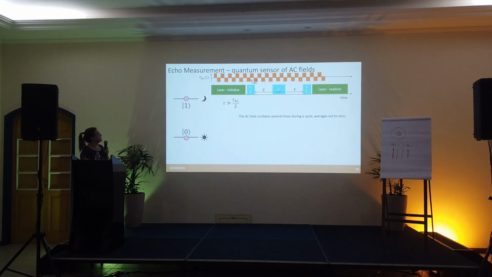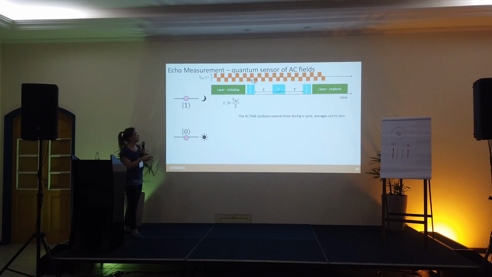Then I can have the opposite regime, where my AC field that my sensor is feeling is oscillating very fast. It oscillates a lot of times during a single repetition, during a single evolution of my qubit. What that does is it effectively averages out to zero.